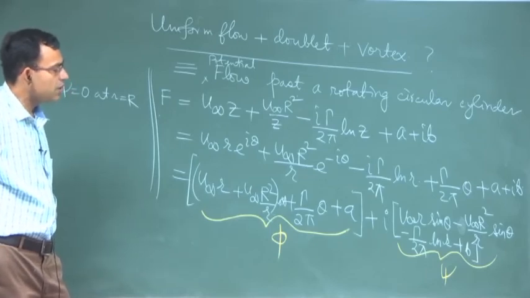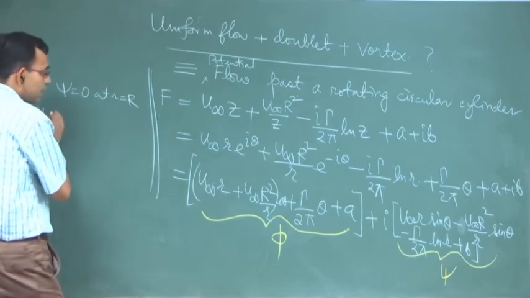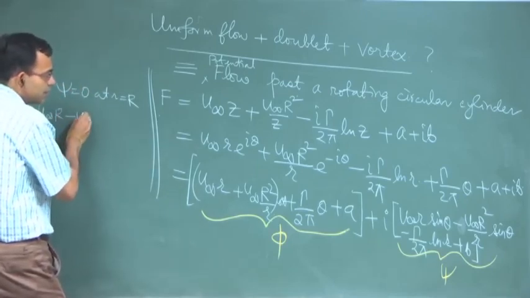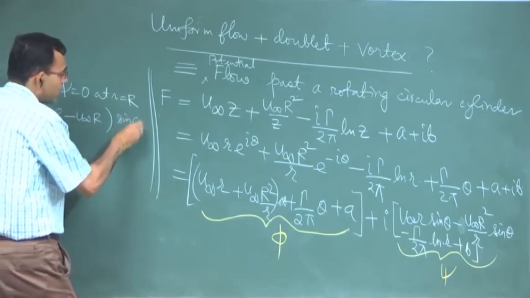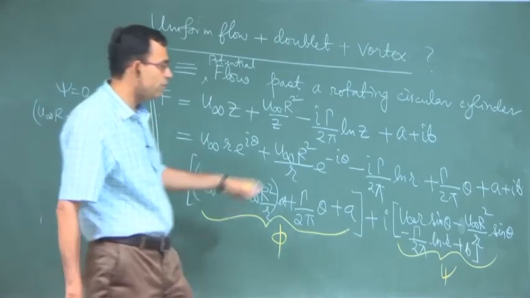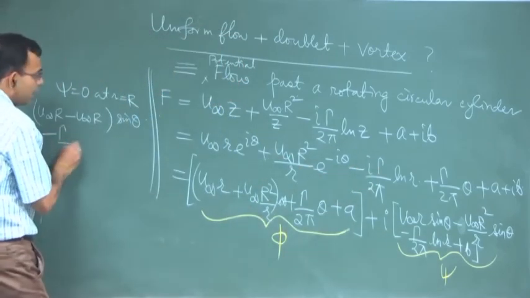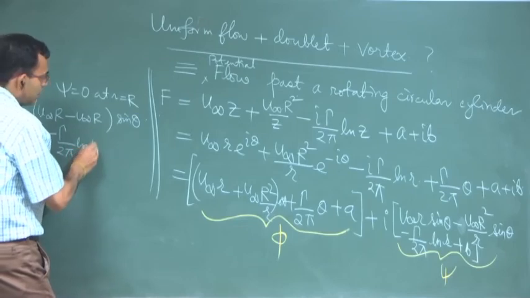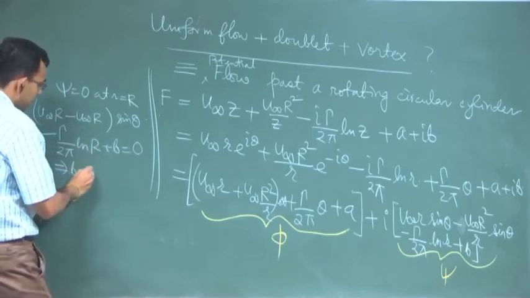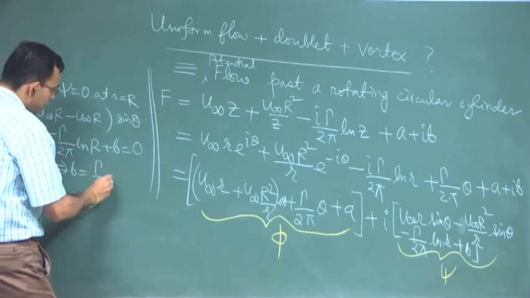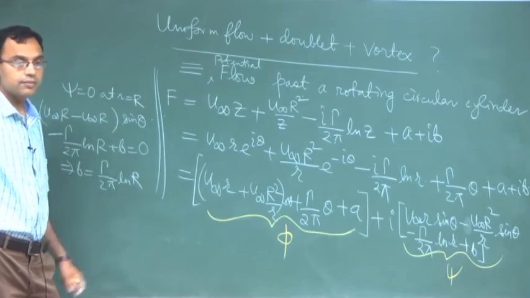So, psi equal to 0 at small r equal to capital R means u infinity r minus u infinity r sin theta. You know, this part was already 0 with uniform flow plus doublet, minus gamma by 2 pi ln r plus b is equal to 0. So, you can set b is equal to gamma by 2 pi ln of r. Okay.